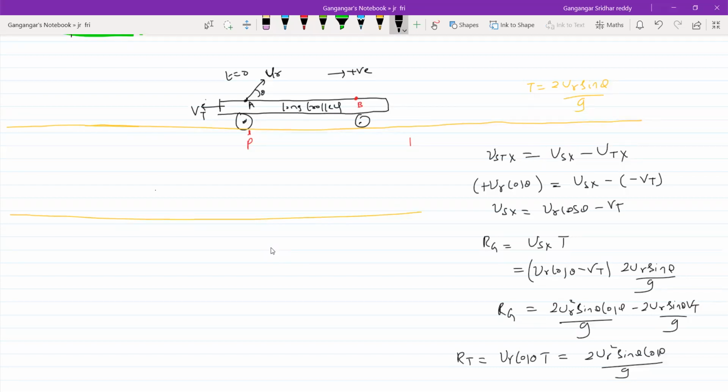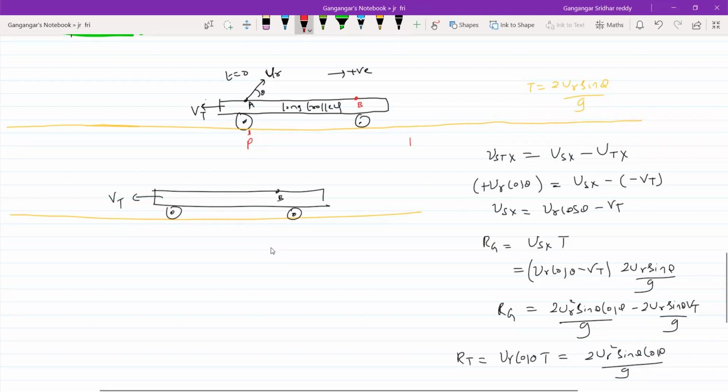So show the trolley somewhere here. So this is the velocity of trolley. At point B, it will strike. So let me take the point B where it will come and strike it. So this was the point P1 and this is what? P2.